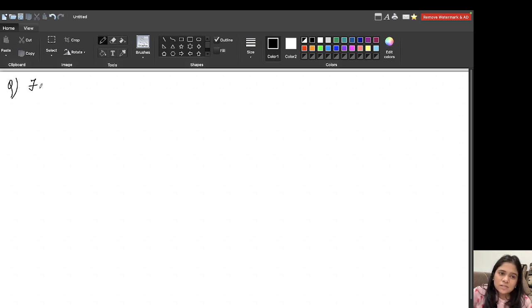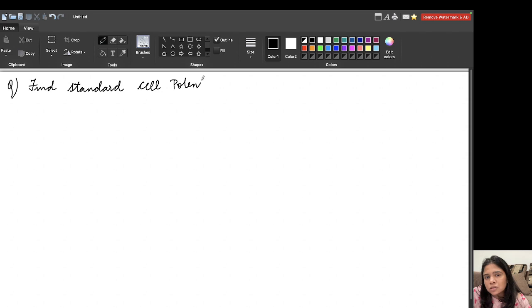So the question is: find the standard cell potential. Just be careful of each and every word in chemistry. What is standard cell potential? E naught of cell. You have to find the E naught of cell for this particular reaction.